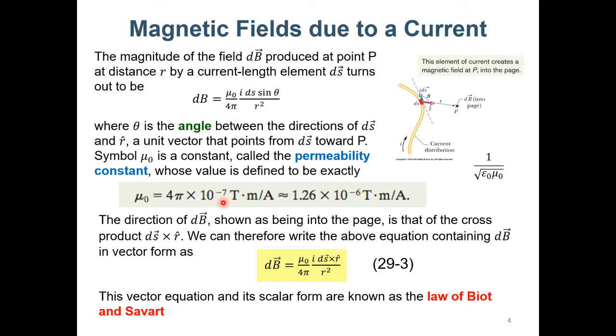In electrostatics, we have K equals 1 over 4 pi epsilon naught. This is electrostatics, and this is magnetostatics. Here we have 4 pi, and here 4 pi, epsilon and mu0.